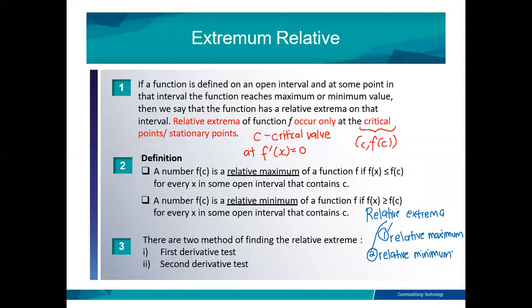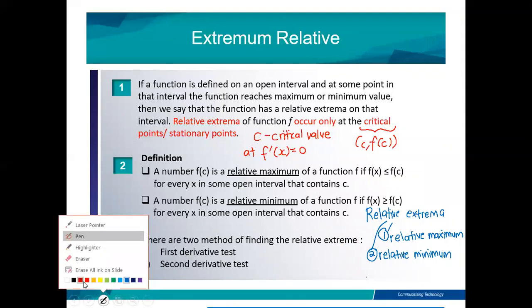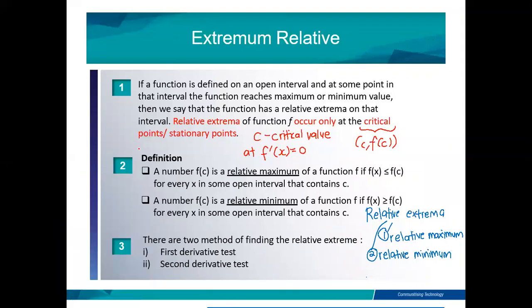Okay, so what is a relative maximum of a function? There are two types of finding the relative extremum.